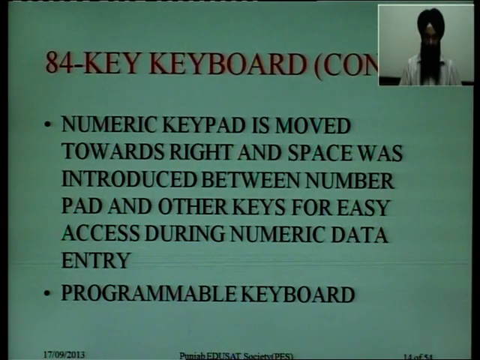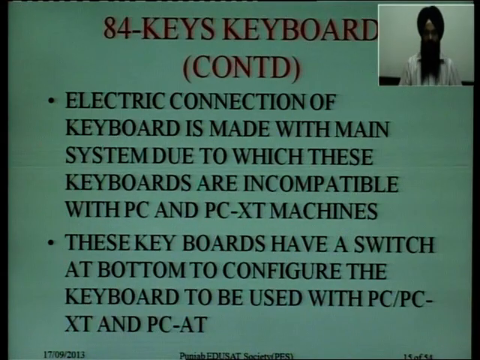And it is a programmable keyboard. The electric connection of the keyboard is made with the main system, due to which these keyboards are incompatible with the PC and PCXT machine.